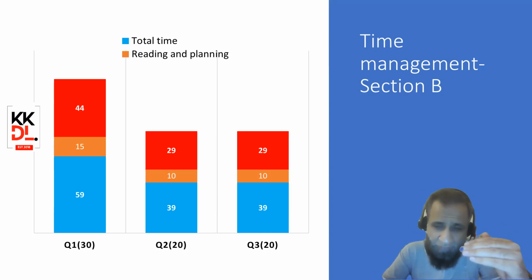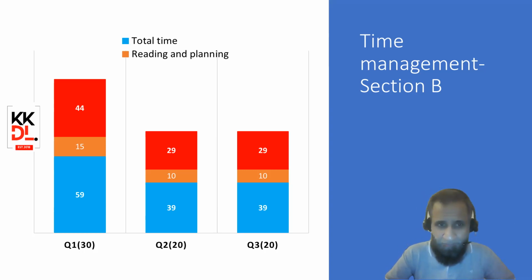Once you do a very good planning and understanding, you have a fair chance of putting in a quality answer. And for that, you have 44 minutes. You can see the red bar on the top, 44 minutes of writing time, and 15 minutes of reading and planning time. The total time is 59 minutes.